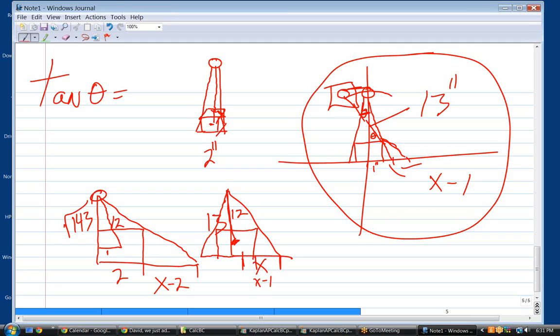The tangent of theta is going to be x divided by, where does this thing cross that y-axis?